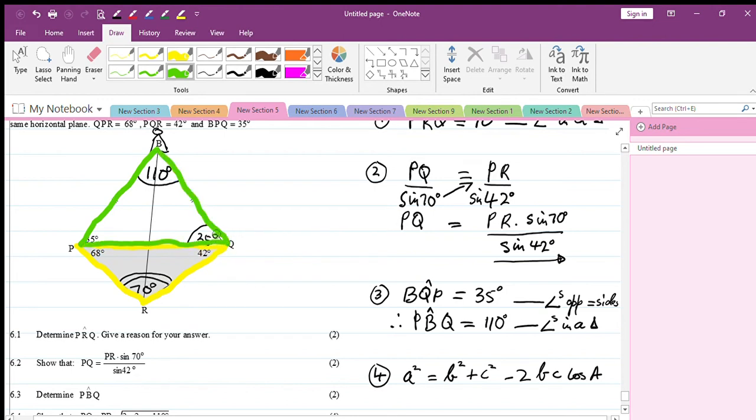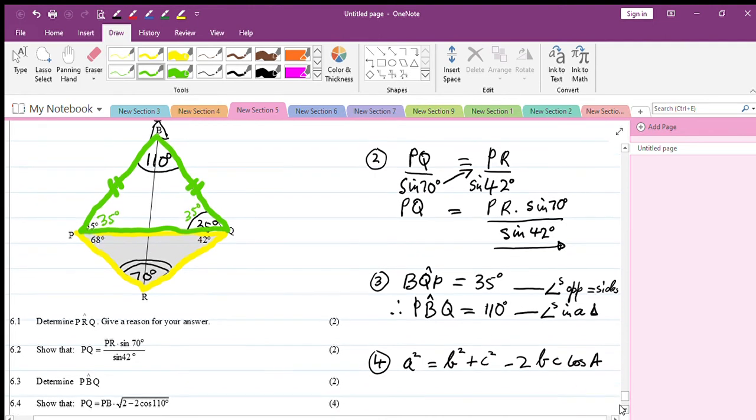In this triangle, please remember that this side equals that side, and that this is 35 degrees, and that is 35 degrees.